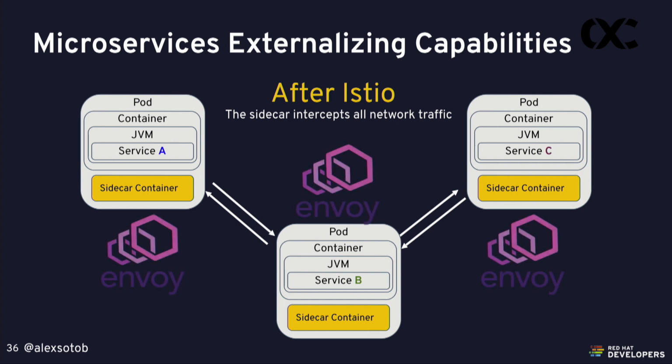More specifically, each sidecar container contains an Envoy proxy. Envoy proxy is like HAProxy, for example, but it's thought for microservices, basically for Kubernetes. Although it can be used outside Kubernetes, it was created from scratch to work in this kind of architecture.